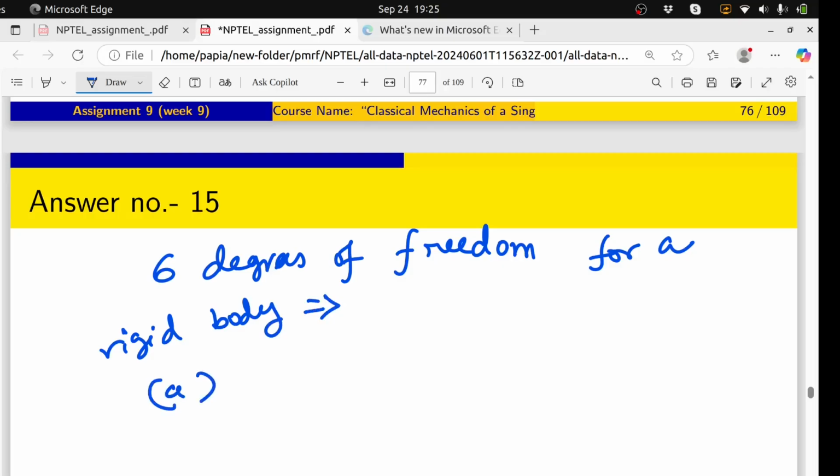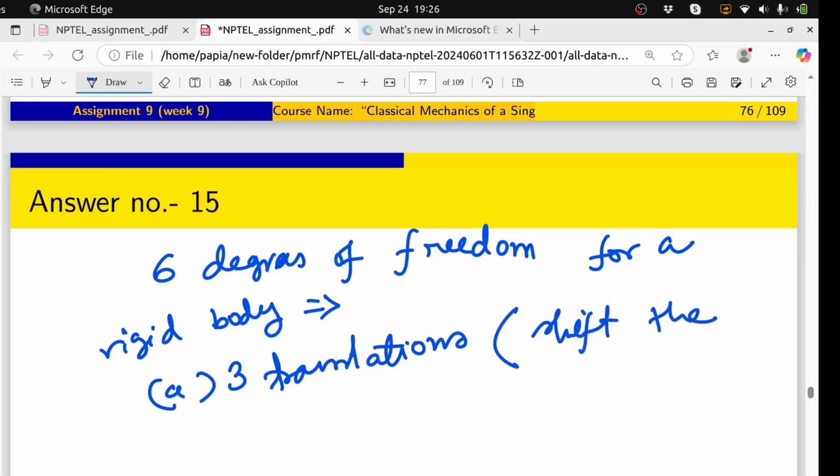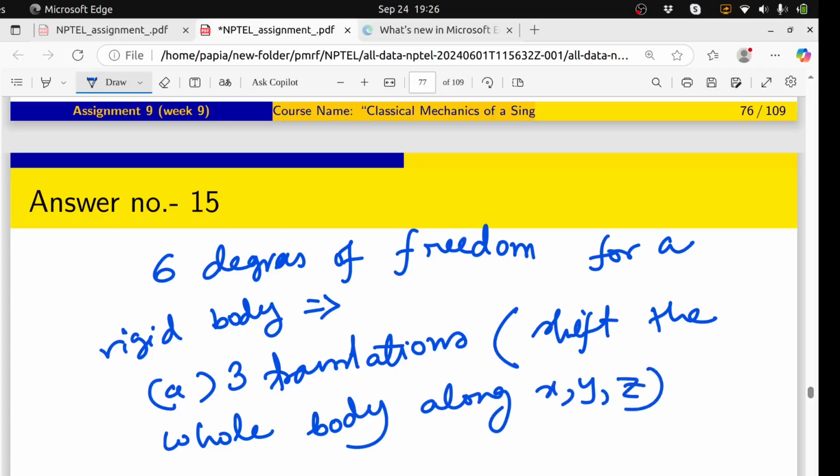It comes as 3 translations, like shifting the whole body along x, y, z.